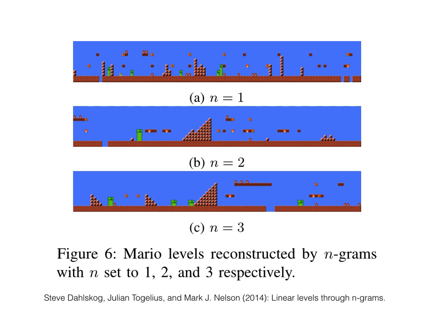The problem with this approach is that it's very data hungry. It doesn't generalize well for higher values of n. So for example, if you give it an n equals 4 or 5, then it will largely reproduce complete chunks of an existing level.